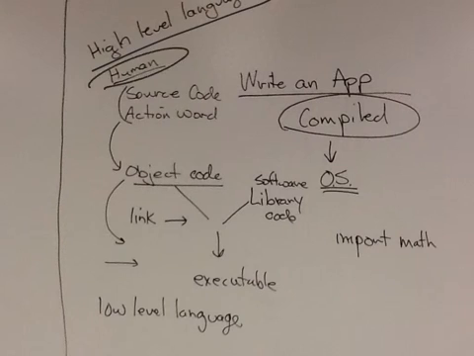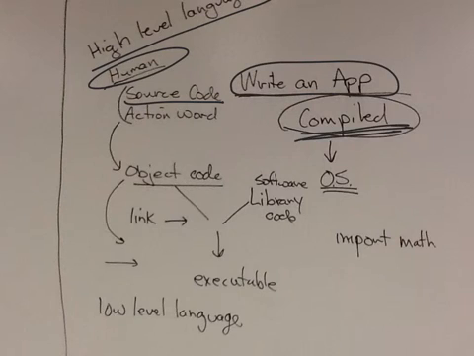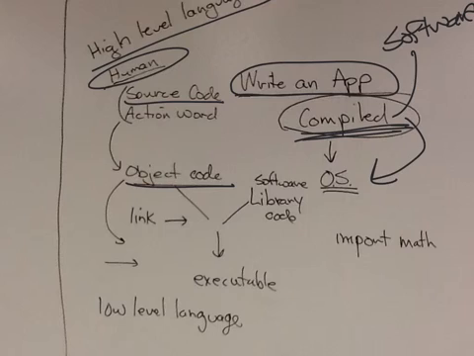High-level language: a human writes source code, they write the app, it's compiled. A compiler is software that takes that and makes it so some operating system can read it. It creates an object code from the source code. Source code always has an action word, so there's some command, so when it's put in the object code by the compiler, those commands are converted over to how the computer is going to function.